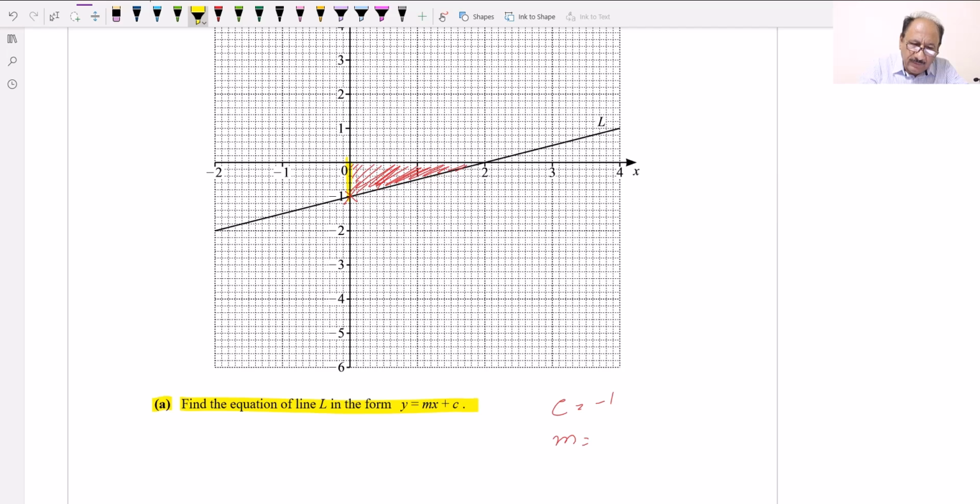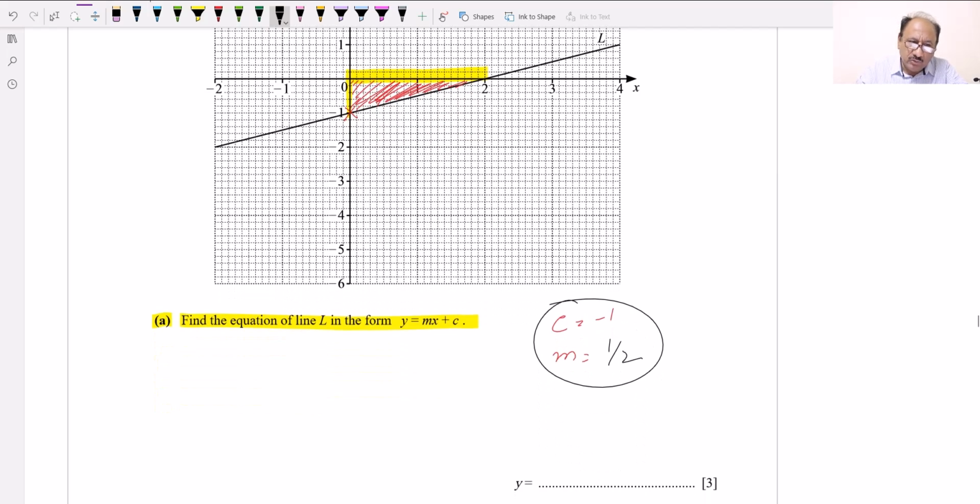Rise over run is this one, so 1 by 2. So 1 by 2 will be the gradient. Now we have the gradient and the y-intercept, so we can write down the equation.